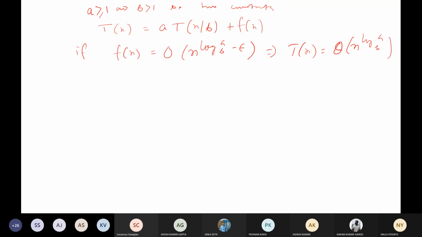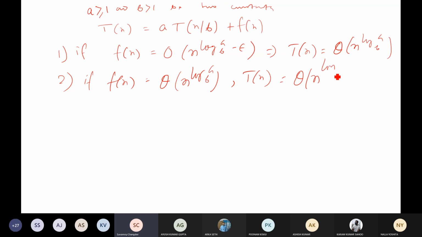Then for the second case, this was case 1. Case 2, if f(n) equals theta of n to the power log a base b, then T(n) can be bounded as theta of n to the power log a base b times log of n.